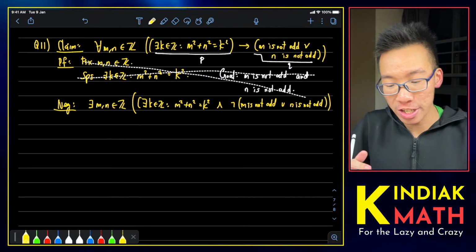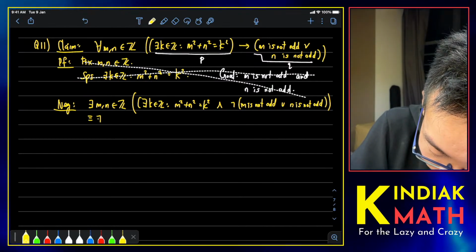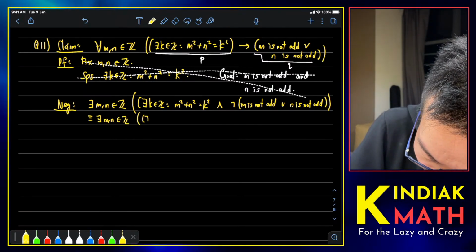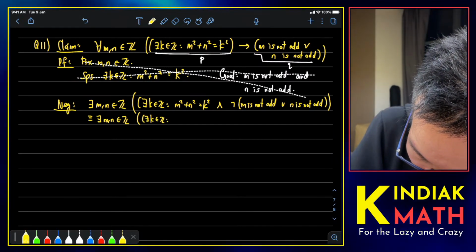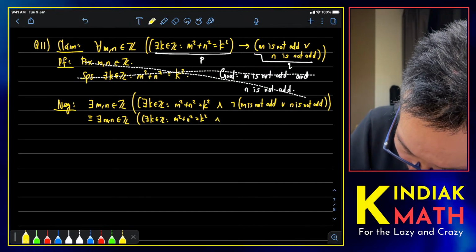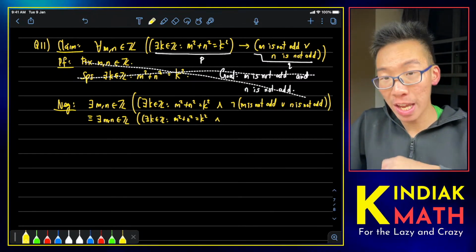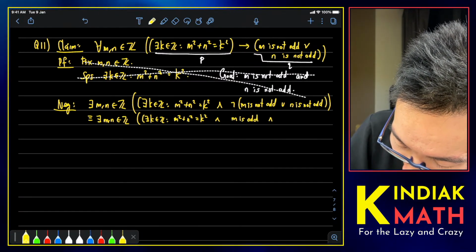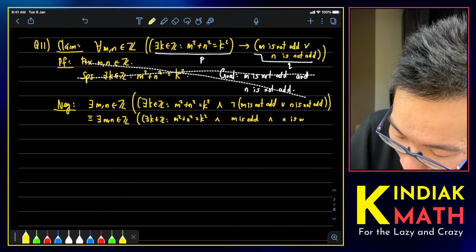So we can push the negation in by De Morgan's laws. And what we have here is a statement that m is odd and n is odd.